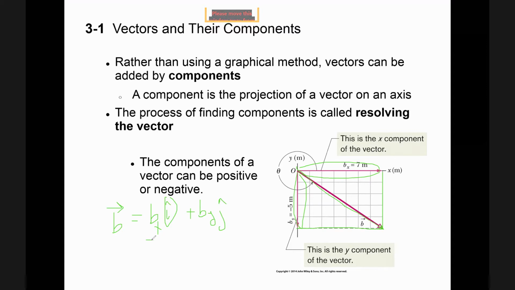What I'm telling you is, see this component, choose another color. This is bx and this component is by. Only these are scalar, and remember the rules of scalars. A scalar value can be positive, can be 0, can be negative.